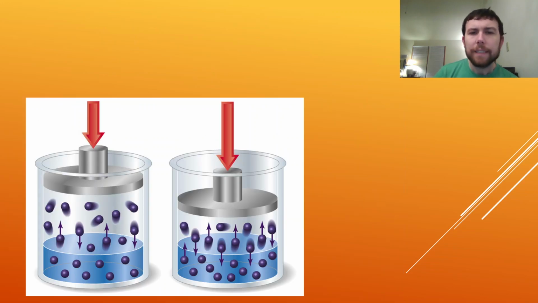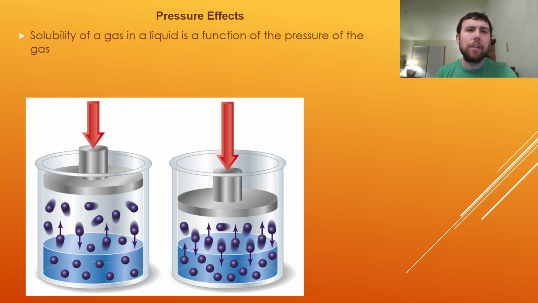All right, now the next section we're going to be looking at is how pressure can influence solubility. Now, a caveat here, pressure is only going to influence the solubility of a gas in a liquid, right? And that's because pressure only has an influence on gases. Pressure doesn't typically influence the condensed phases of solids and liquids.